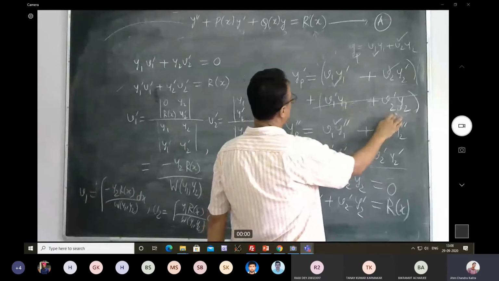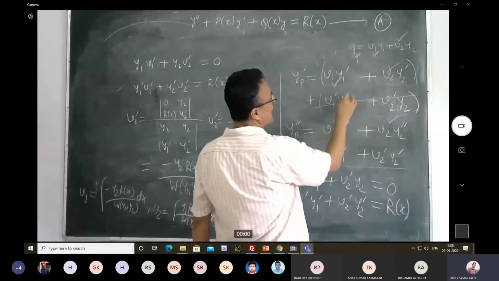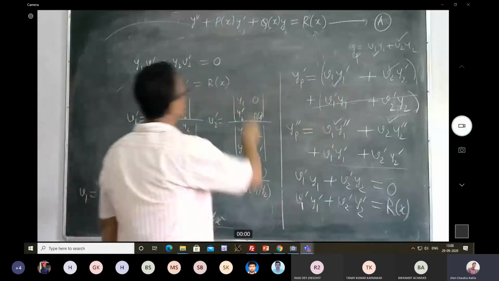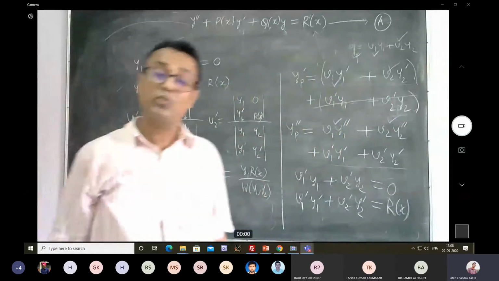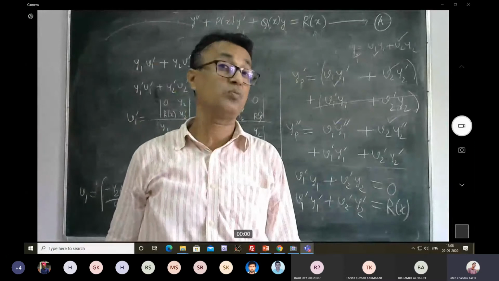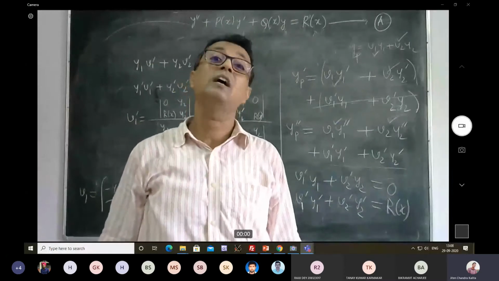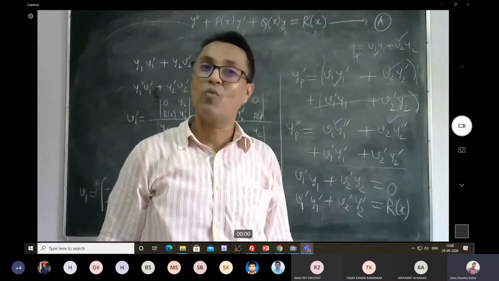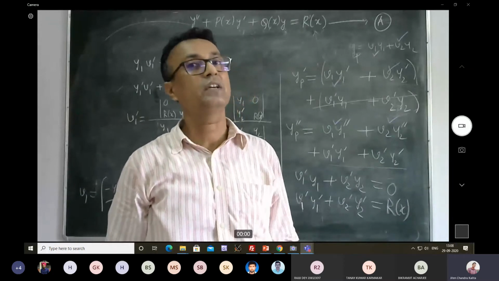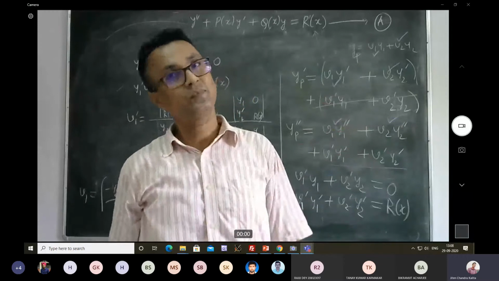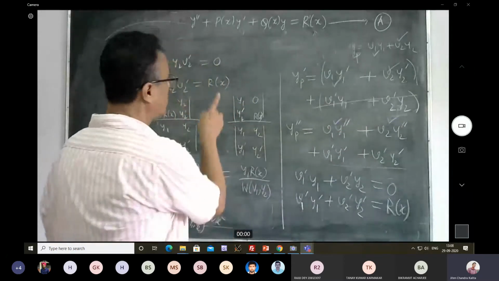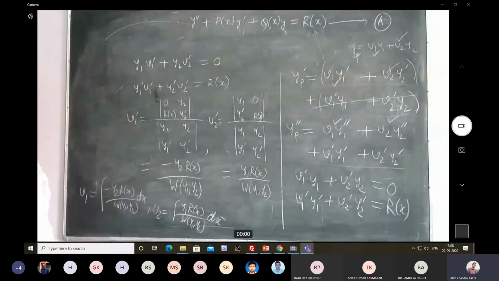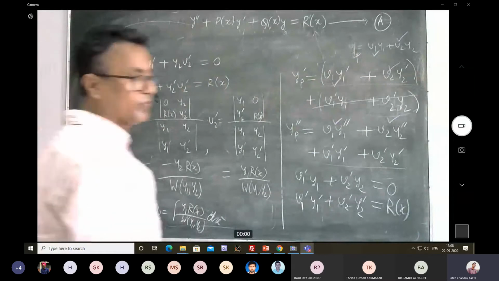From here, if I want to find out the second order derivative, I am going to be left with y1 prime. Whereas, in order for the homogeneous counterpart of the original differential equation to be satisfied by y1 and y2, I will be needing the second order derivatives of y1 and y2. That is not going to happen if I chose it like that. Okay, fine.